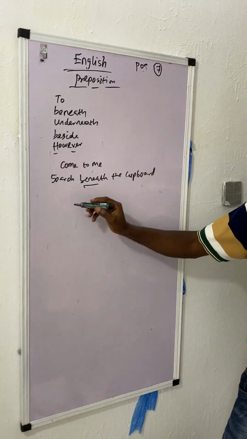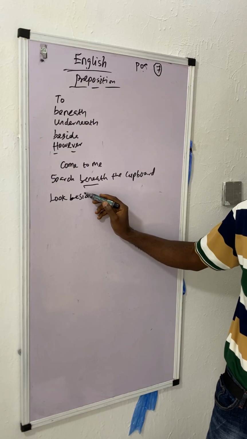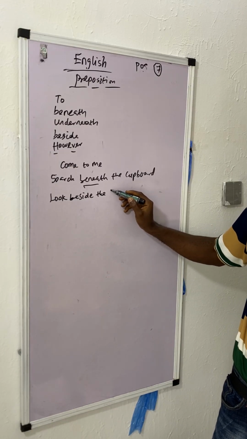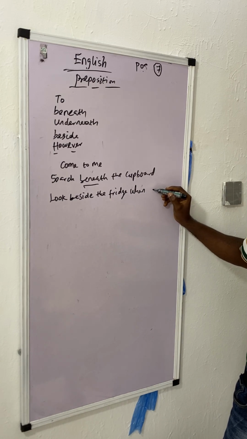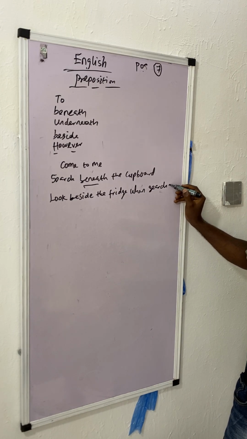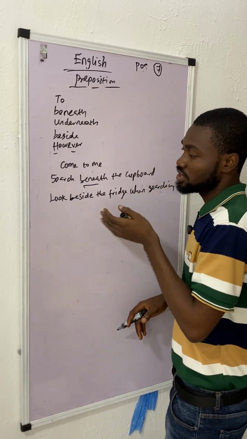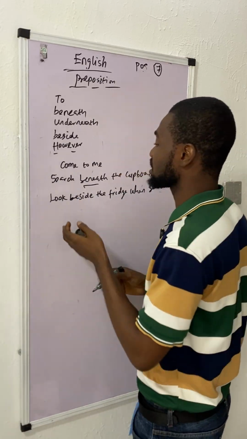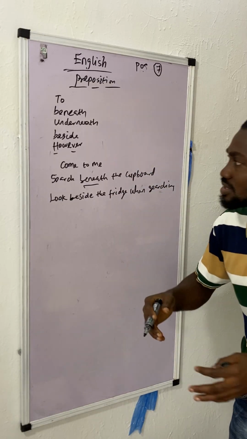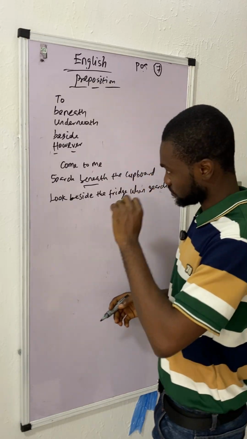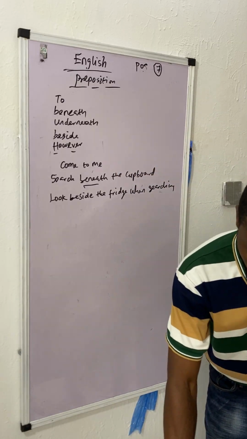Another one is, look beside the fridge when searching. Where is it telling me to look? Beside the fridge. So most of the time it connects a verb and a noun together. It's controlling your action. That's what a preposition does.